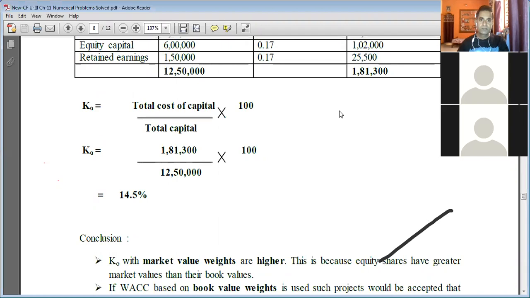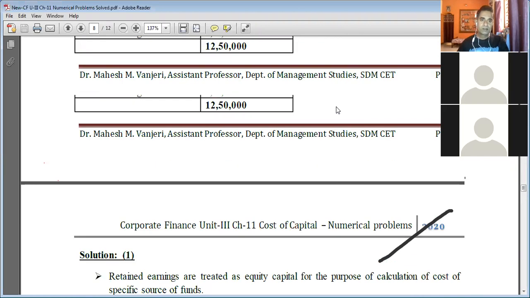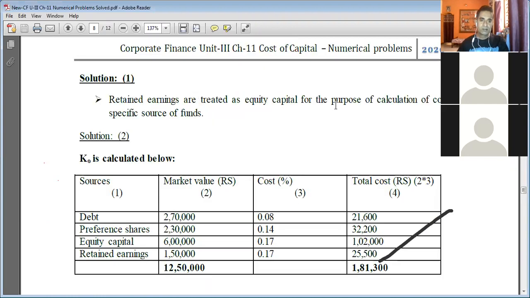Same problem. Sir, where did we get equity capital as 6 lakhs? How did we get that 6 lakhs, sir? I'm getting confused. No confusion. This data is fresh, newly given in the problem. It is the data given in the problem, that's it. Okay, sir.